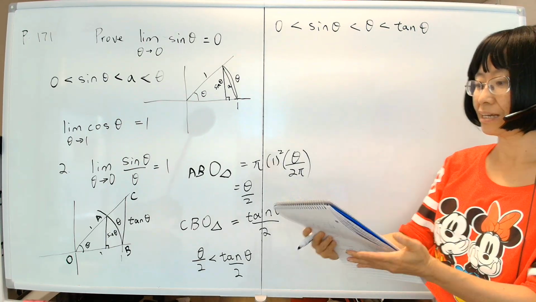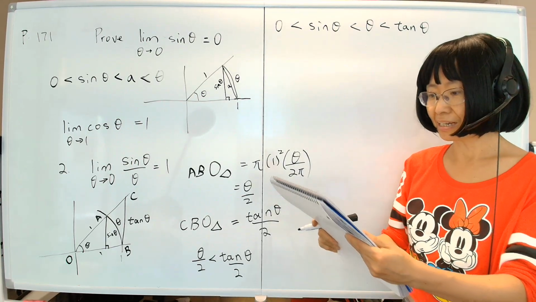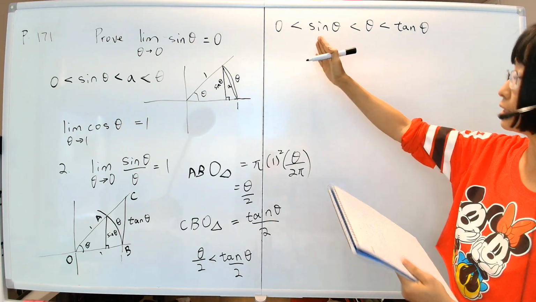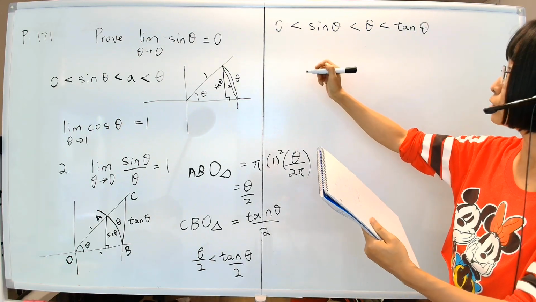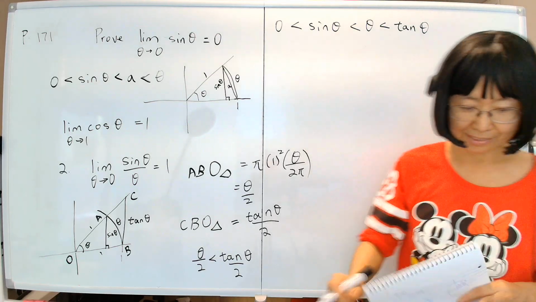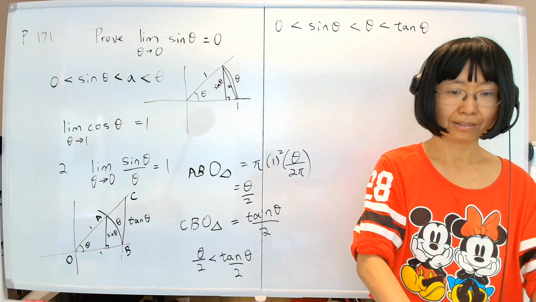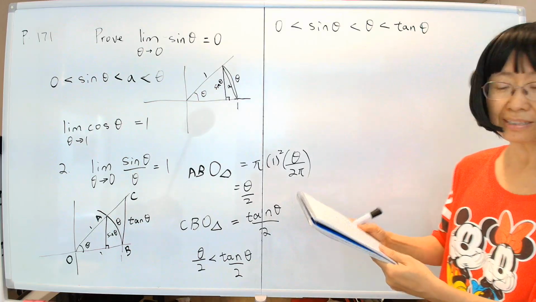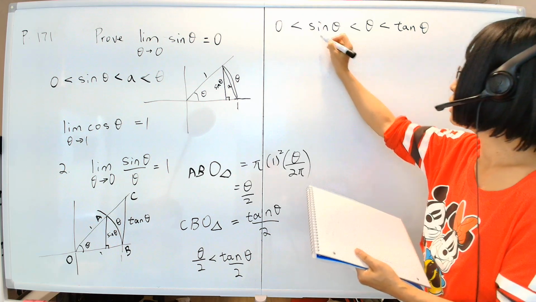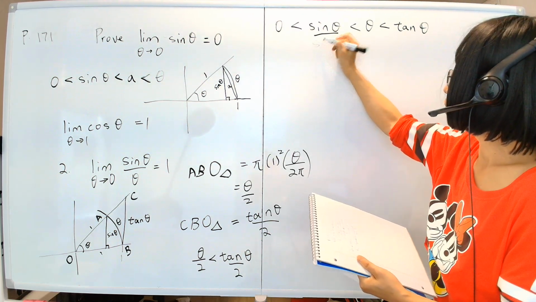Now we're going to pull a trick to make everything come out, which is that we're going to divide everything in this equation by sine theta. Okay, found the 1.